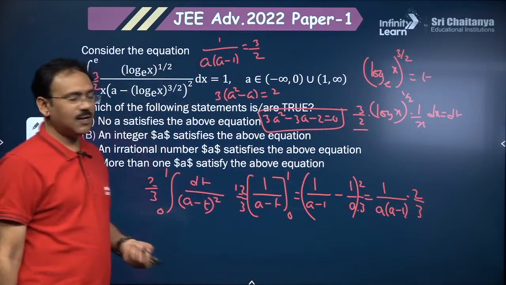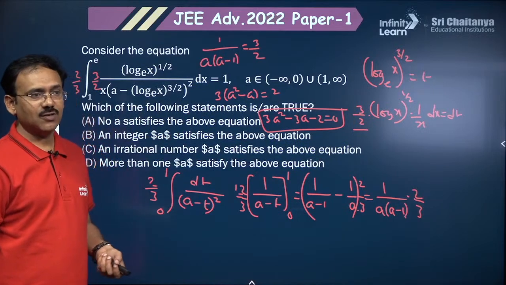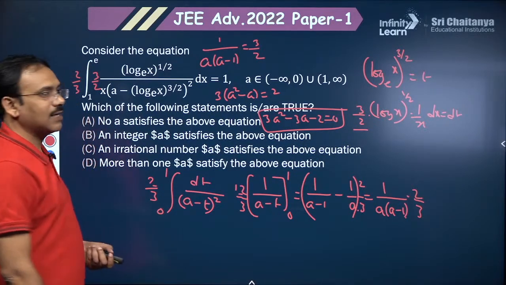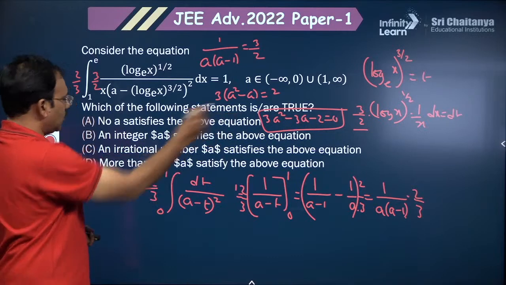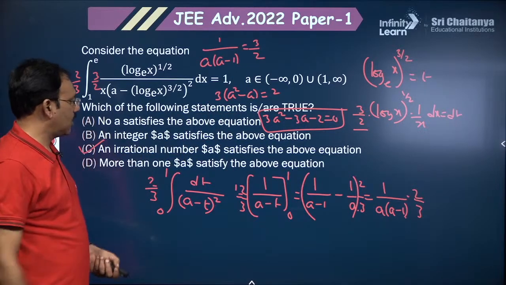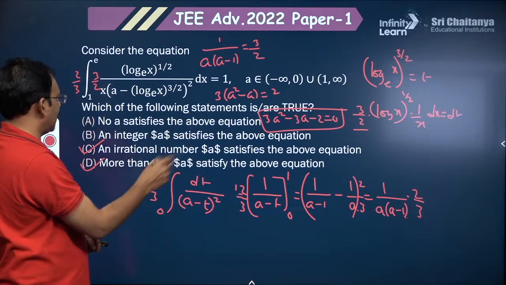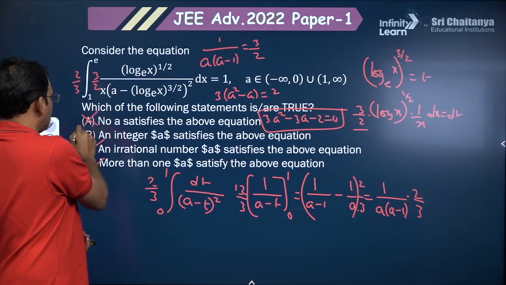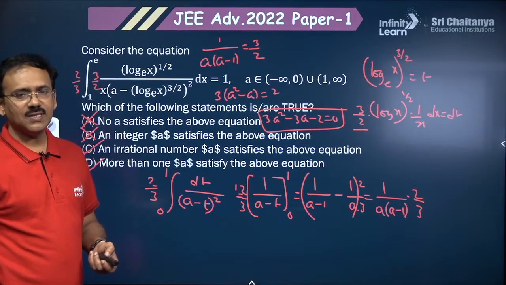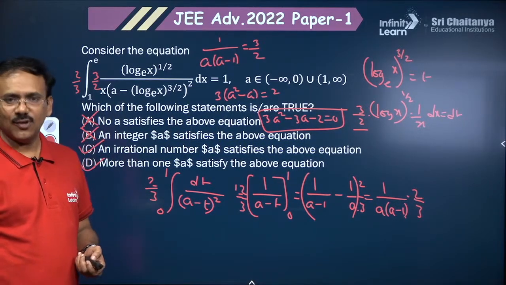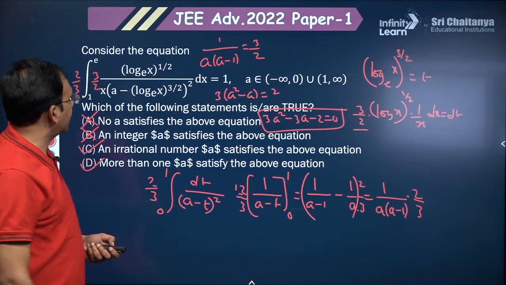Undoubtedly the roots are real because a negative number is there, the constant, and you can see that it will have irrational roots. You can just solve the equation, and more than one a satisfies. An integer is wrong, both are irrational roots, and no a is wrong. So the answer is going to be C and D, my dear friends. Okay? Right. Next.